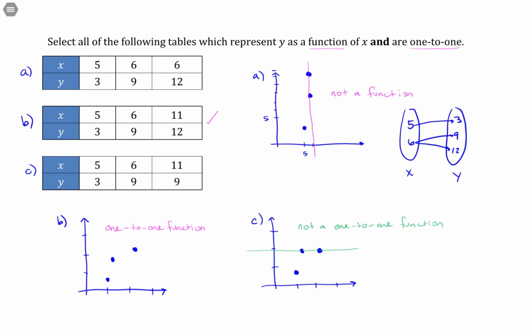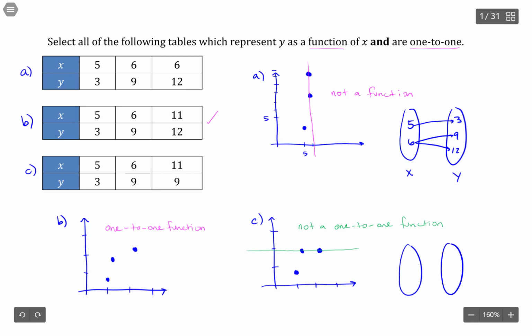In part C, if we did the same thing, you could see the different points in our domain would be 5, 6, and 11. And then we have in the range 3 and 9. So 5 maps to 3, 6 maps to 9, and 11 maps to 9. So it passes the test for a function because all of the values in the domain correspond to exactly one item in the range.